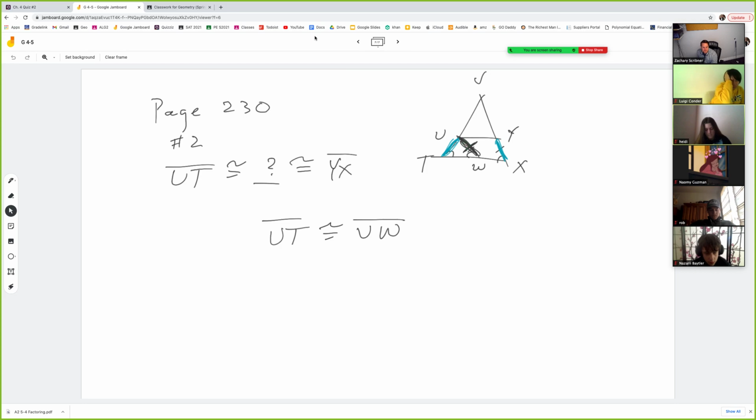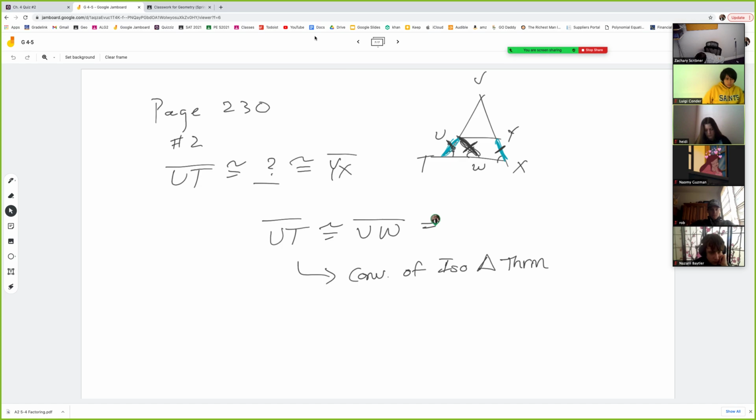And how can you say that? Well, the reason why you can say UT is congruent to UW is because if the angles are congruent, then the sides are congruent. So this would be the converse of the isosceles triangle theorem. Okay?